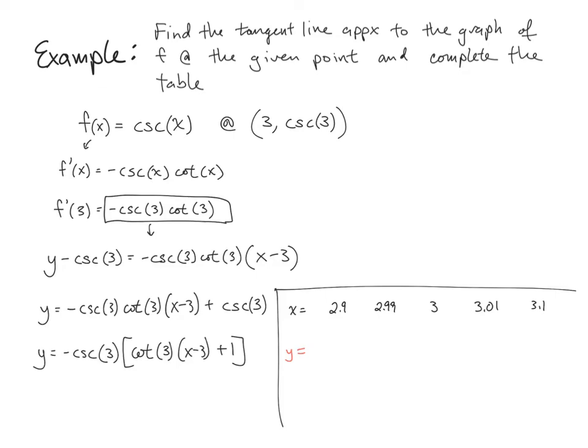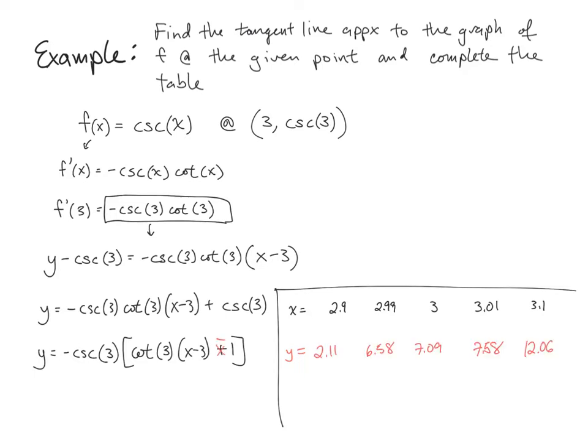And just like in the last example, I'm going to substitute each of these x values in for x here, y being the tangent function, and I will calculate a decimal approximation as to what the y coordinate would be near 3 for cosecant of x.